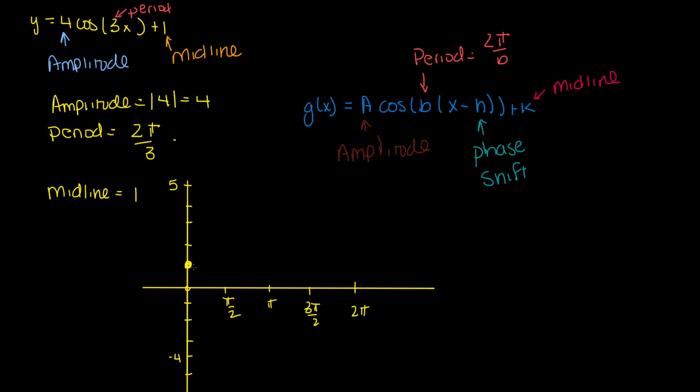A cosine starts at 1, then goes to 0 at pi over 2, to negative 1 at pi, or 180 degrees, back to 0 at 3 pi over 2, or 270 degrees, and back to 1 at 2 pi.